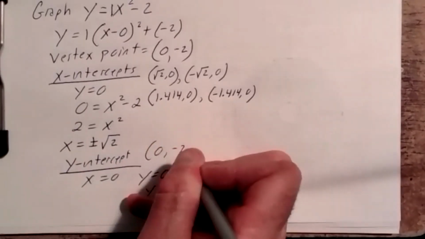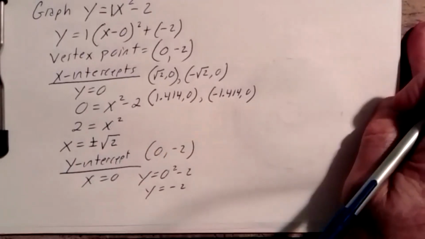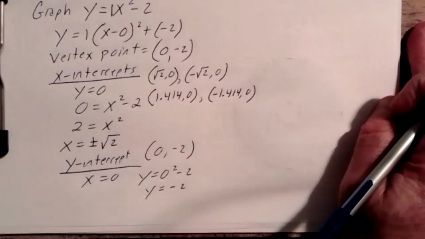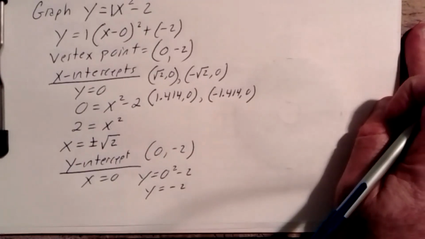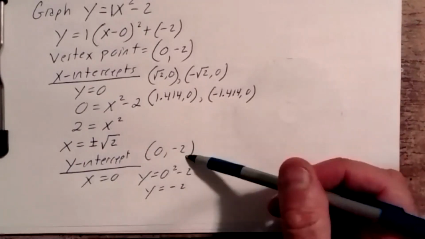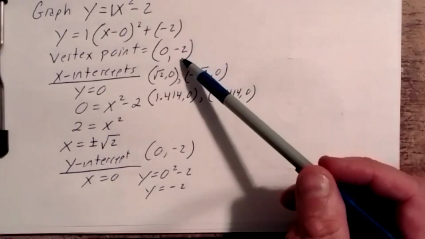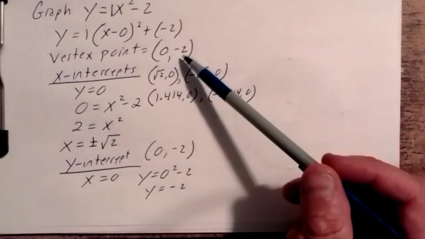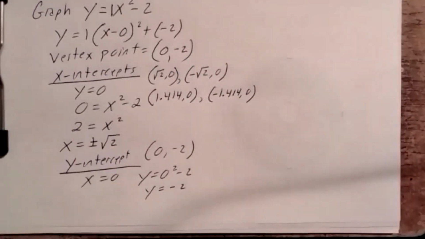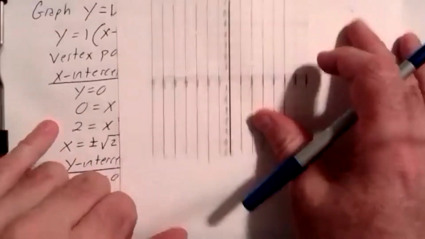Which means, ladies and gentlemen, our y-intercept is (0, -2), but that also happens to be the what point? (0, -2) is not only the y-intercept, it's also the what point? The vertex. The vertex point. It's the lowest point on this graph, agree, as the parabola opens upwards. All right, let's take a piece of graphing paper. And let's graph this parabola here.